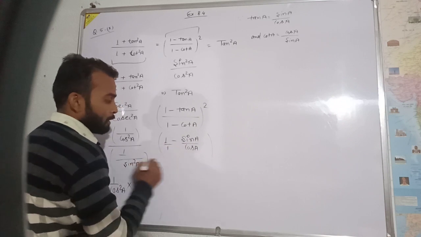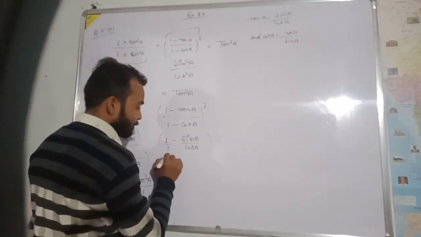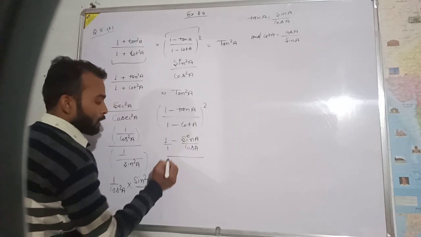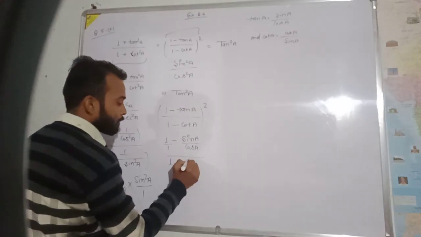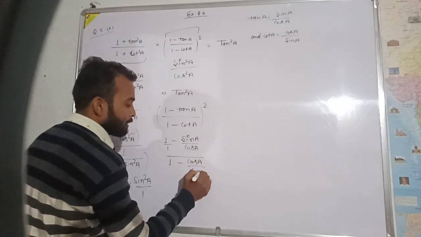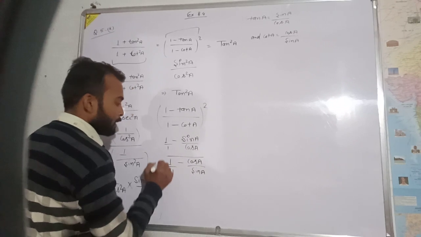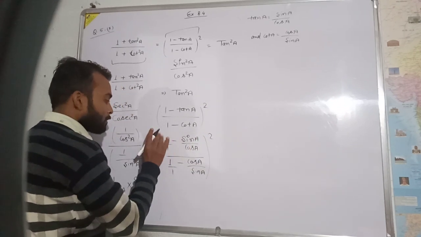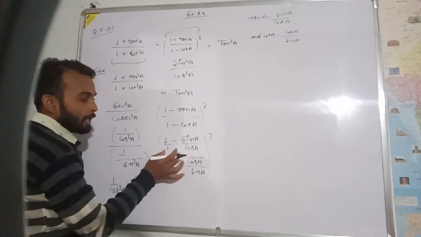It will be 1. Again, 1 minus cos A upon sin A, this will be 1, and whole square. Clear?